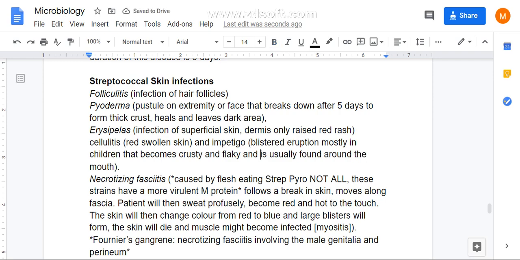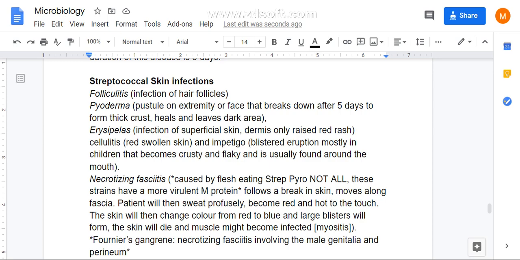Also have necrotizing fasciitis, which is caused by flesh-eating Strep pyogenes. Not all of them, just specific strains that are called flesh-eating Strep pyogenes. These strains have a more virulent M protein, and it follows a break in the skin and moves along the fascia. The patient will begin sweating profusely, become red and hot to the touch.